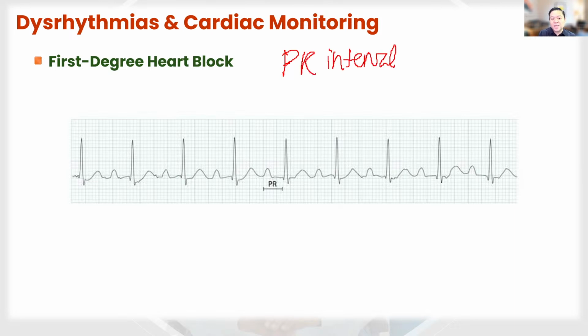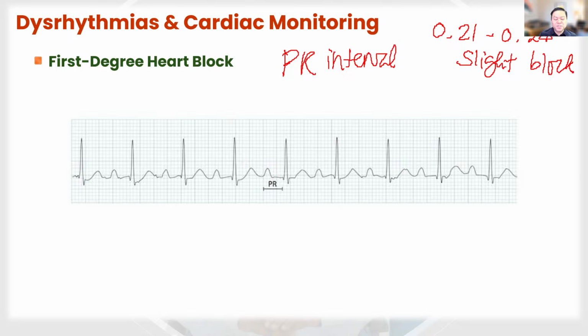If the patient has a prolonged interval, let's say 0.21 to 0.24, this is considered a slight block.